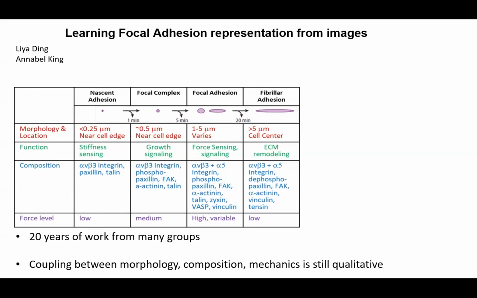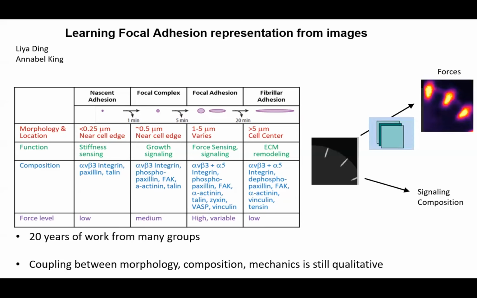And yet we don't understand the coupling between the mechanics and the signaling and the composition in any quantitative way that lets us say how this mechanobiology actually impacts cell function, right? To make cell mechanics more quantitative in that way.